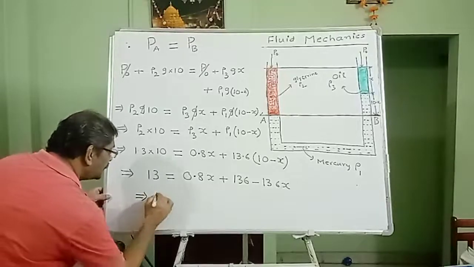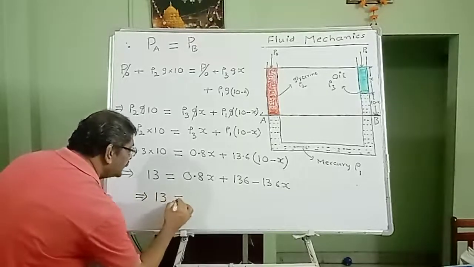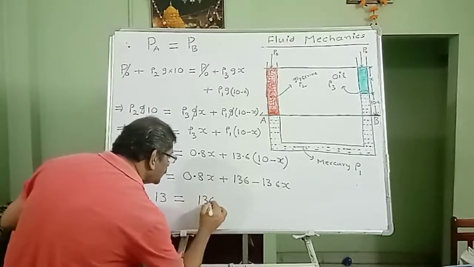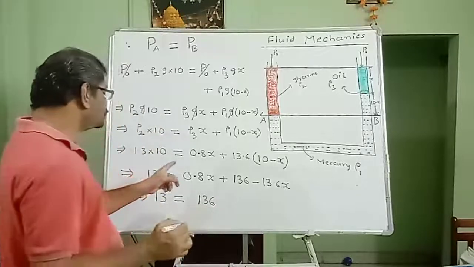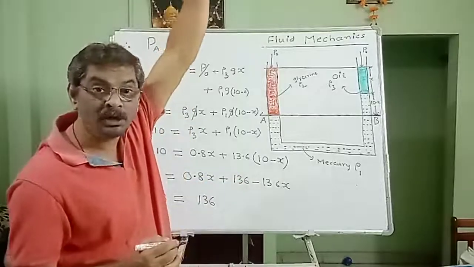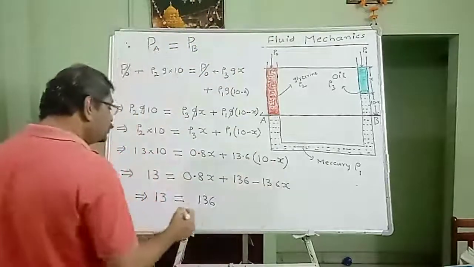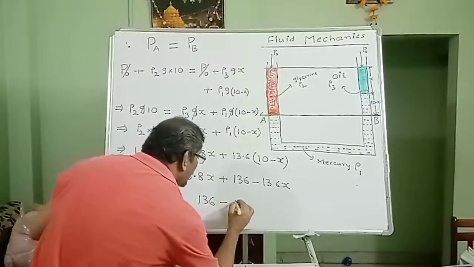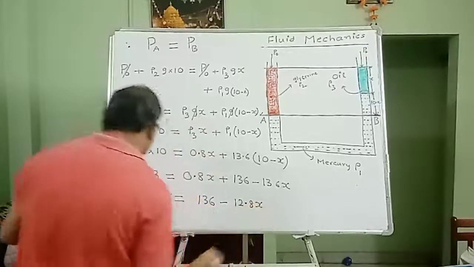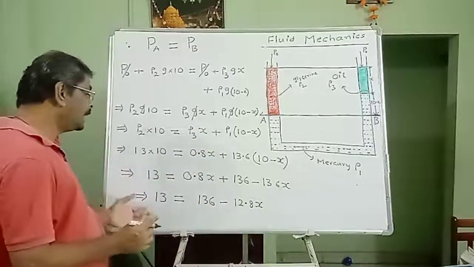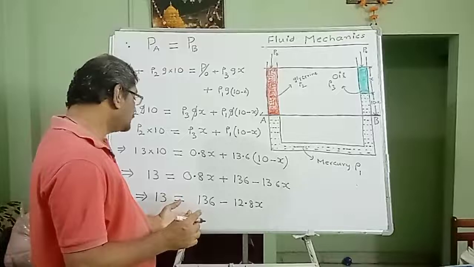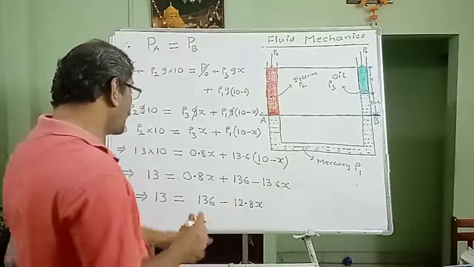So further I can write 13 will be numerically equal to 136, 0.8x minus 13.6x will be numerically equal to minus 12.8x. So if I simplify, what I am getting is 13 will be numerically equal to 136 minus 12.8x.